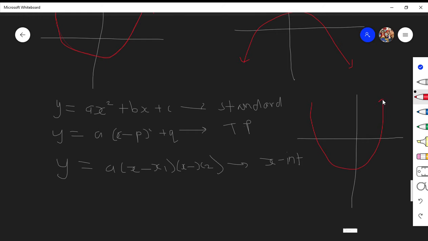So if we've got this quadratic graph over here, this point here would be our x-intercept, and this point here would also be our x-intercept. And the point right at the bottom would be our y-intercept. So wherever the graph cuts the x-axis, y is 0, and wherever the graph cuts the y-axis, our x value is 0. Okay.